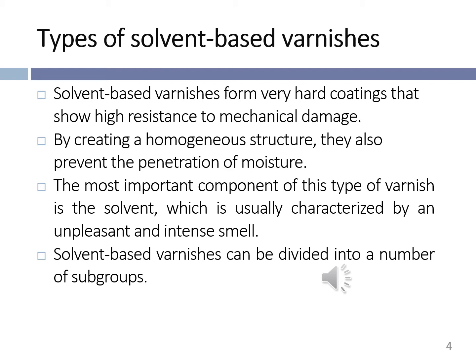The major component which is involved in the making of solvent-based varnishes is the solvent, and this solvent has an unpleasant and intense smell. Solvent-based varnishes can be divided into a number of subgroups.